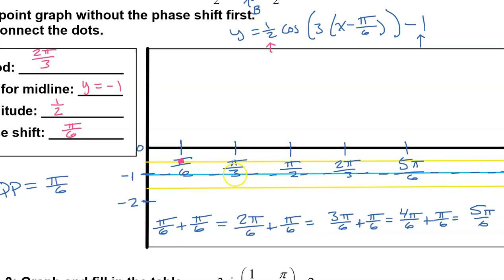And then a quarter period later, the cosine function falls to the midline. And then it continues. A quarter period later, it's at its lowest point. And then it rises back to the midline. And then it will end at its highest point. So one period of the cosine function will look like this.